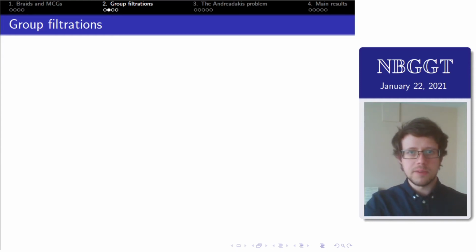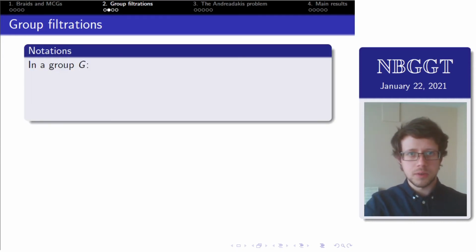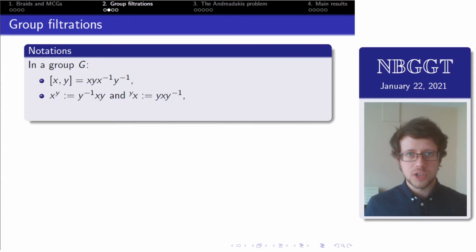So let me first state what a group filtration is. For that, I will first need some notation. This is the usual commutator of two elements in a group. This notation, which I will not use much, only on the next slide, is the exponential notation for denoting the left and the right action of the group on itself by conjugation.